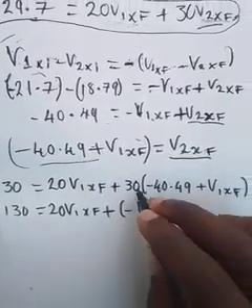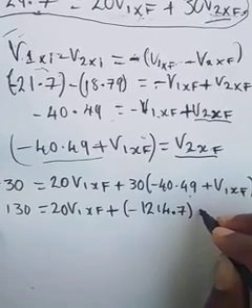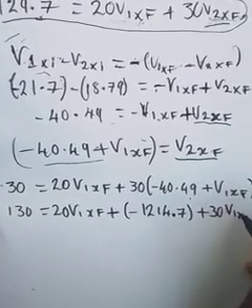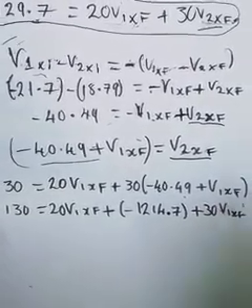Then this times this is just going to be 30 V1xf. Makes sense?